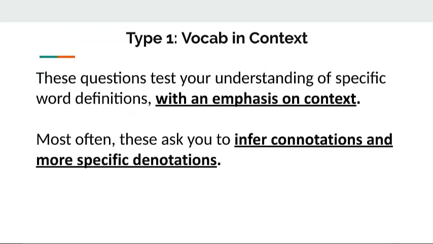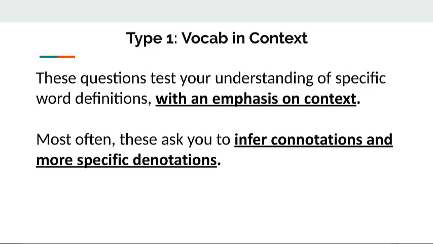For vocab and context, these types of questions are testing your understanding of specific word definitions with an emphasis on context. This is not a vocabulary test, of course, although it certainly helps. The more you read, the larger your vocabulary, the easier these questions are, but you should be able to figure out the answer to these kinds of questions based on their context.